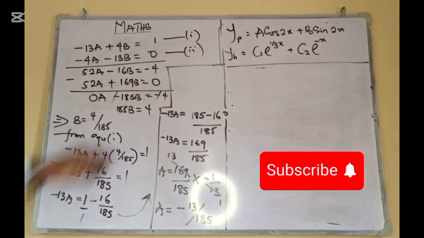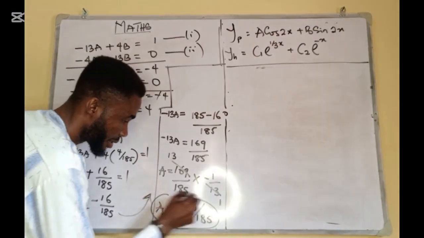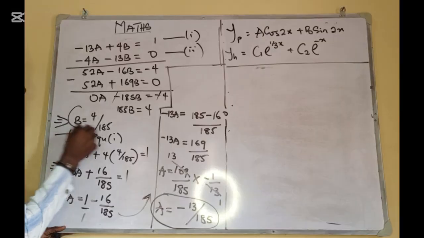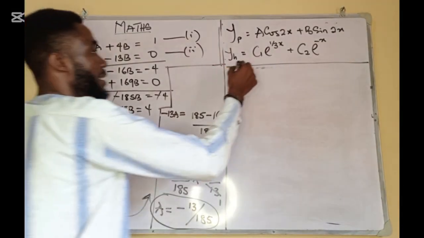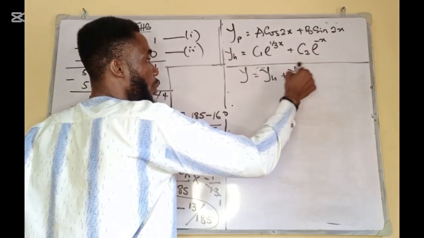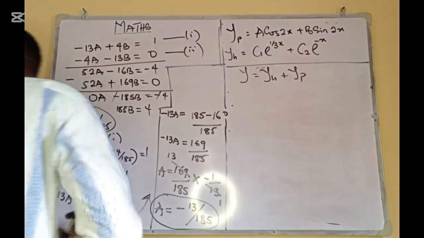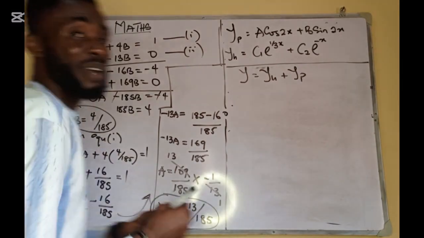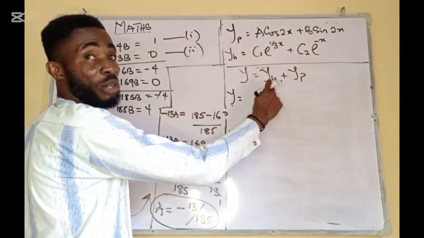Okay, now guys, let's continue. So now this is the value of my a, and this is the value of my b. Remember what I told you earlier, that the formula is y equals y homogeneous plus what? Y particular. Now my final answer becomes y equals, what's my y homogeneous?